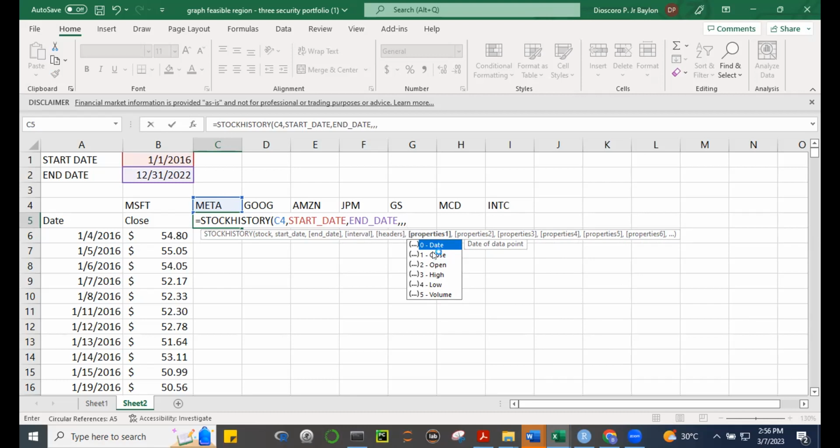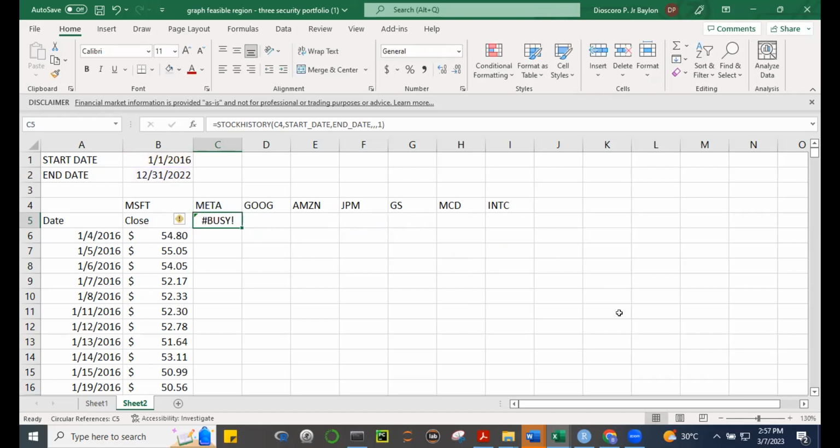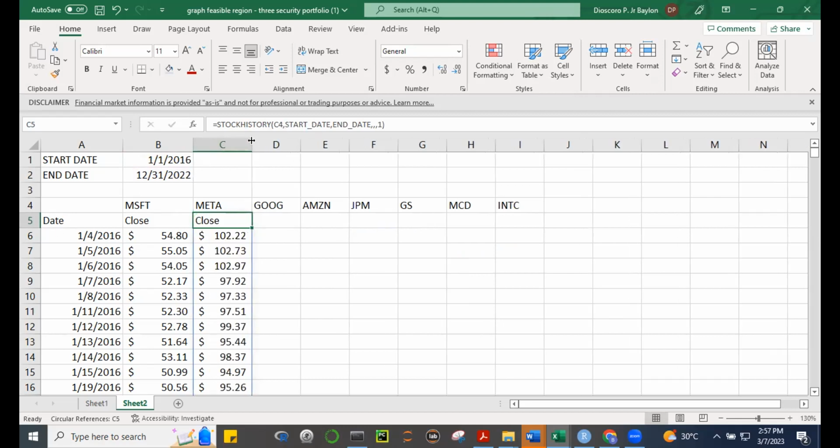I'm going to type 1 here, then Control Enter. It will load now. It will not include the date since I defaulted on 0, which means 1, so Excel will just give us the closing price, and then I copy this to the right.